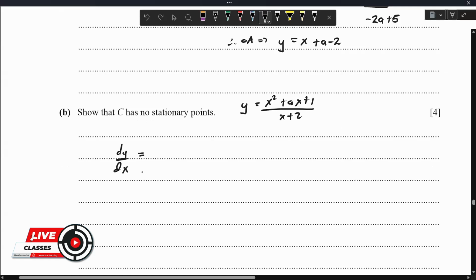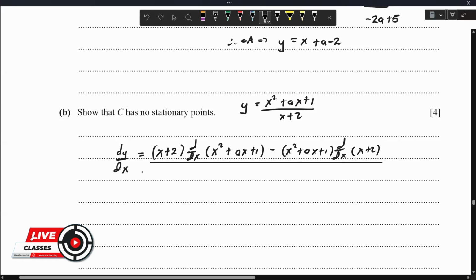So we'll differentiate the quotient: (x plus 2) times the derivative with respect to x of (x squared plus ax plus 1), minus (x squared plus ax plus 1) times the derivative with respect to x of (x plus 2), all over (x plus 2) squared, and we equate this to 0.